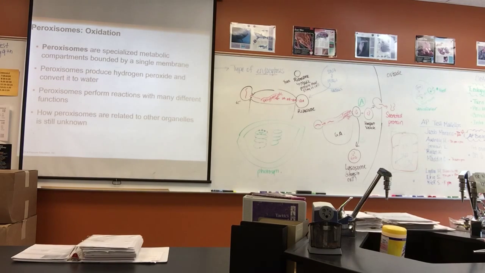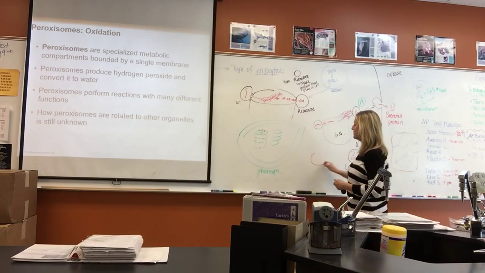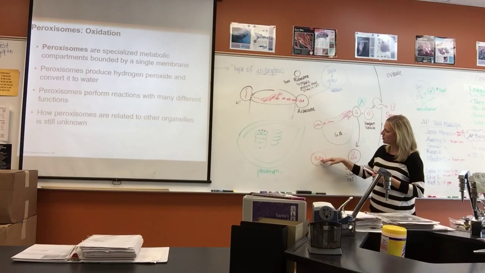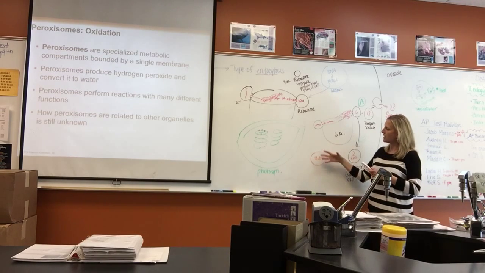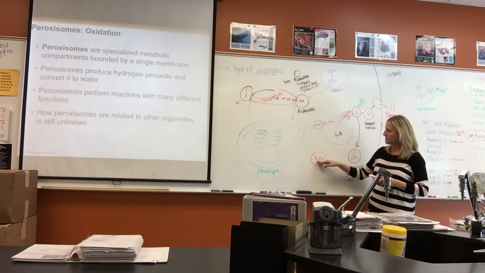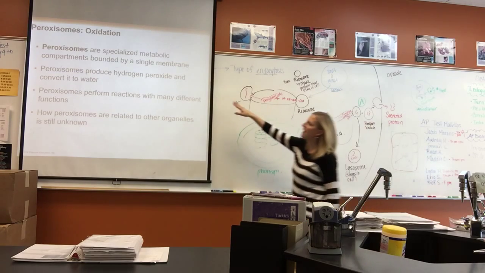And so you have these peroxisomes in your cell, and it's breaking down harmful molecules, but making hydrogen peroxide, which is H2O2, inside the cell. And if this peroxisome bursts and the hydrogen peroxide gets out here, it can cause problems. So as it makes hydrogen peroxide, it then breaks it down right away.